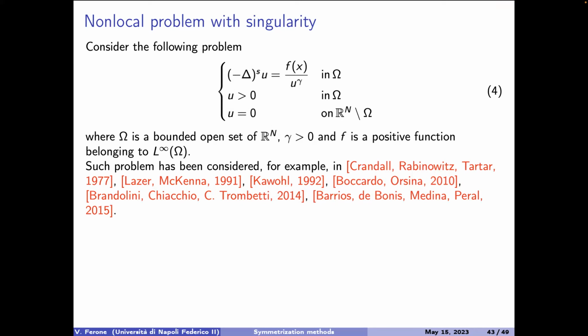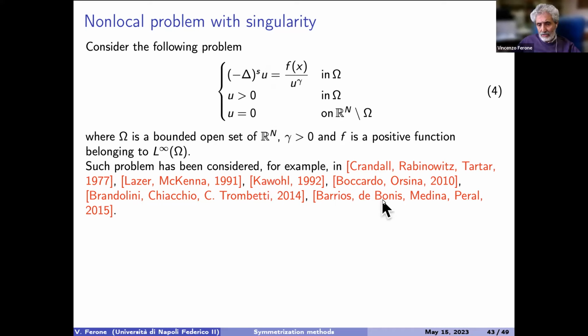Even for fractional Laplacian? No, for the first 4 papers, for the Laplacian. Okay, the local one. Then Brandolini, Chiacchio, Trombetti gave some result about symmetrization for the local case.